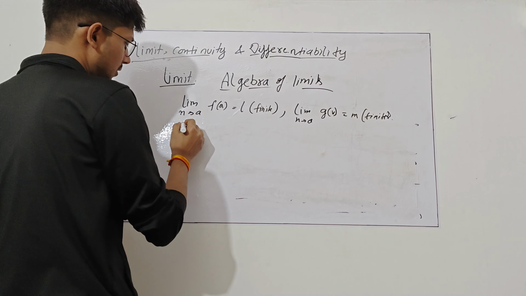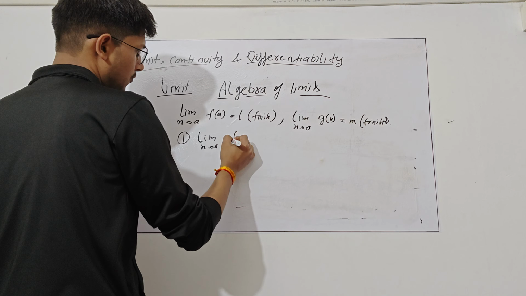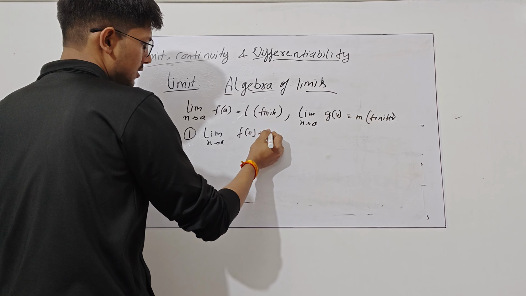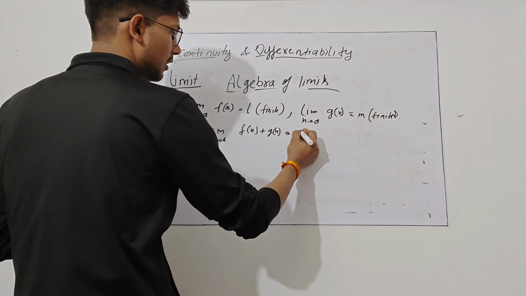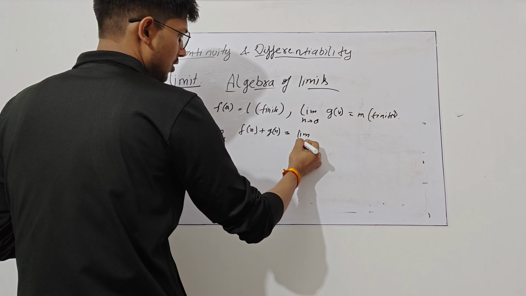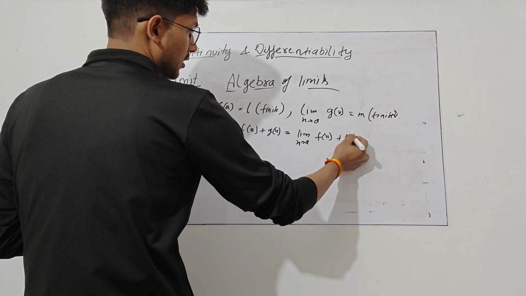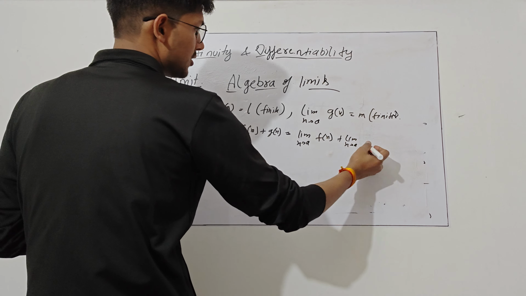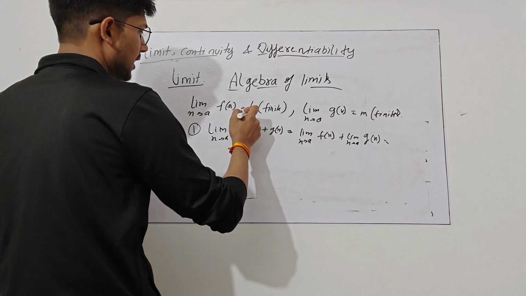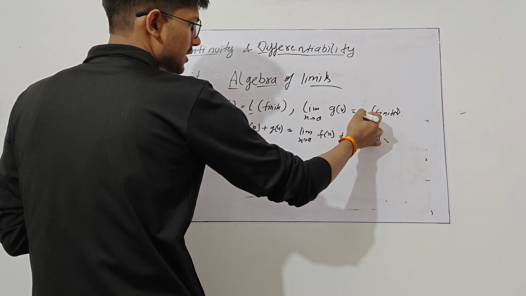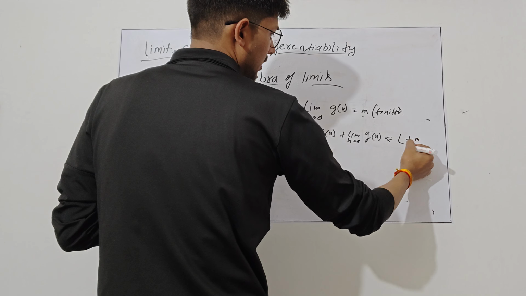So our first algebra of limit is limit x tending to a of f of x plus g of x. We separate it into limit x tending to a of f of x plus limit x tending to a of g of x, and we know that limit of f of x is L and limit of g of x is m. So we have L plus m, the limit exists.